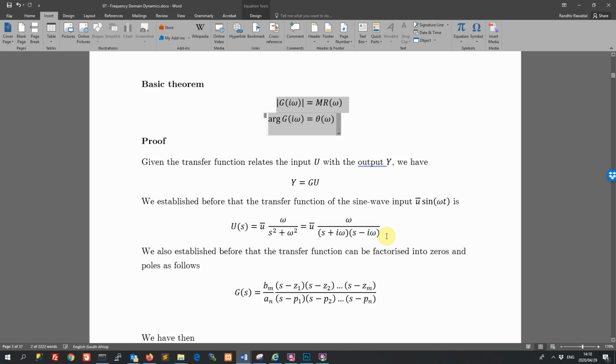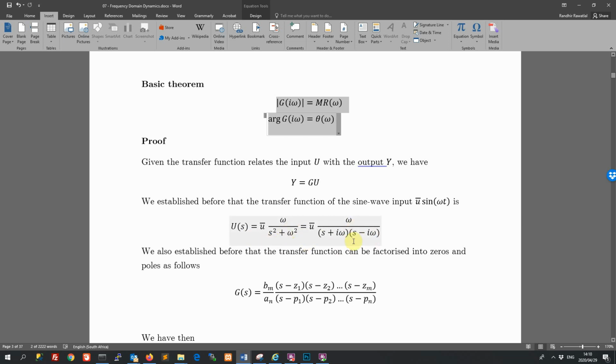You can see that if you multiply these together, it's s², which is there, and then s times minus iω and s times plus iω, so the middle term vanishes, and then iω times iω is i²ω², which is minus ω², and then with the minus in front, that's plus ω².